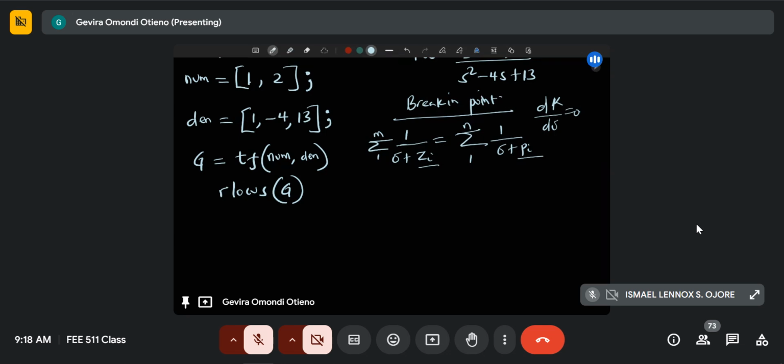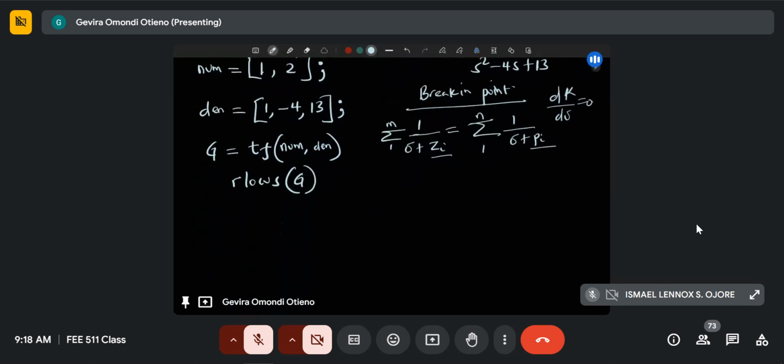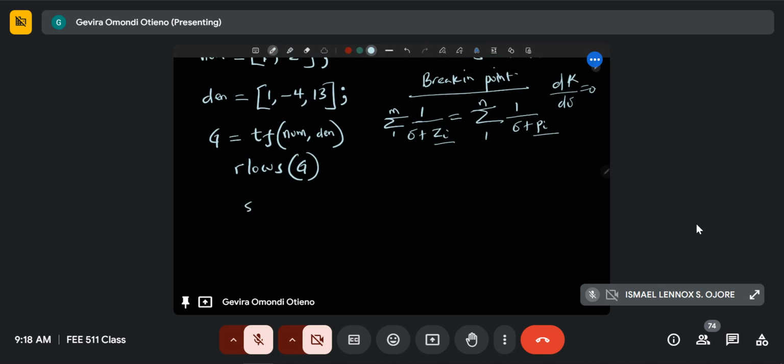For example, we have our zero at S equals -2. Our poles were at S equals 2 plus j3, and S equals 2 minus j3. So we have to get the negative of these values.